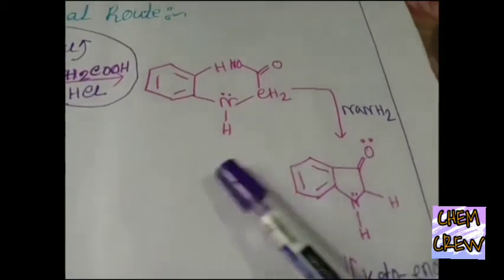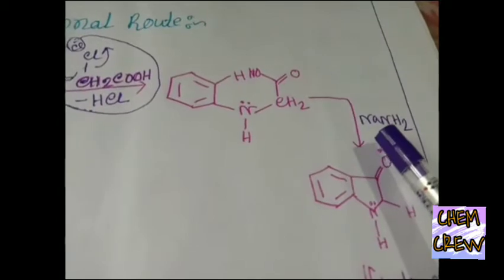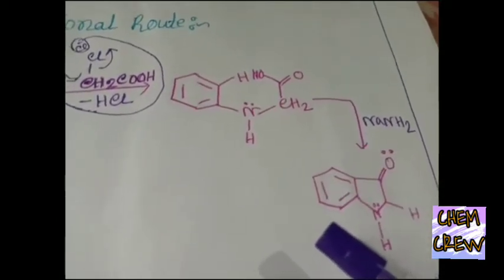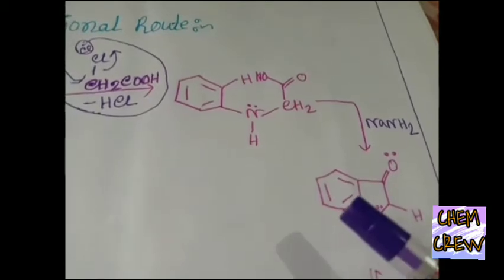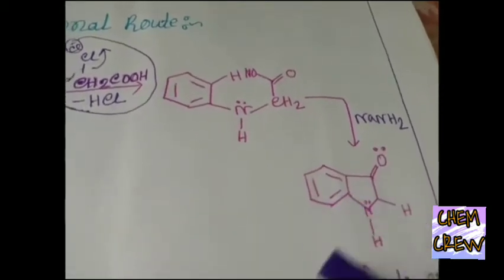Now this product is treated with NaNH2, or sodamide. Sodamide, being a strong nucleophile, absorbs a water molecule and gives the related ketone product. Now the ketone undergoes keto-enol tautomerism.